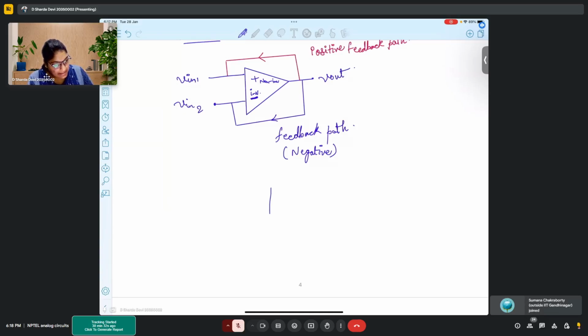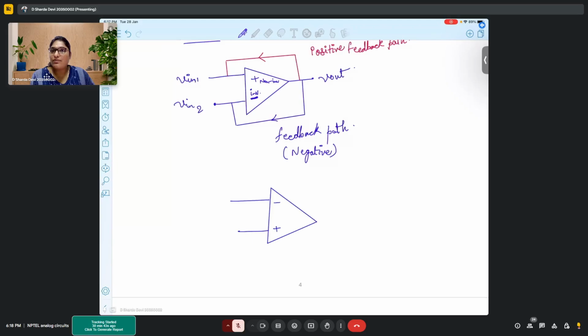What I mean by that is, I can write it like this also. So never confuse it with, okay, lower terminal is always negative, upper terminal is always positive. It's never like that. Always look for these signs, right?